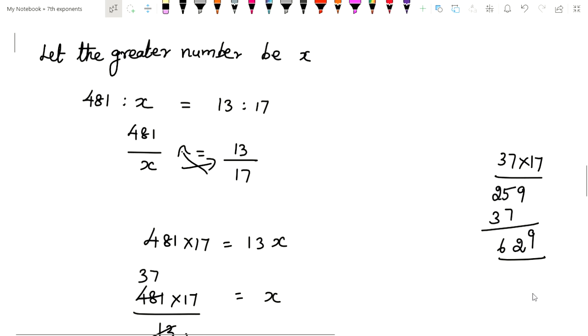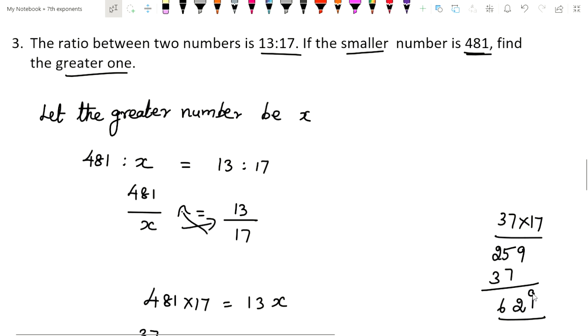I repeat this. Here the ratio between the two numbers is given, and the smaller number is given. We need to find out the greater one. So the greater number be x. So the ratio between the numbers, 481 is to x equals 13 is to 70. So 481 by x equals 13 by 70.